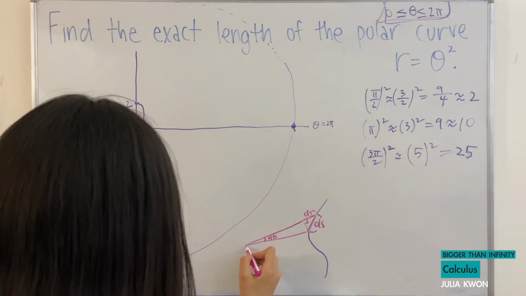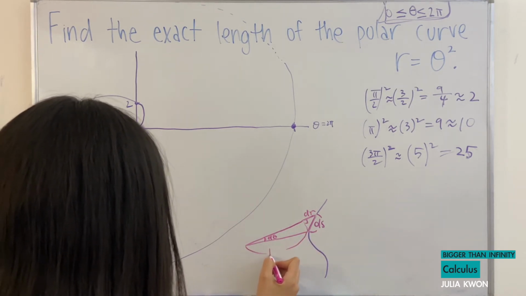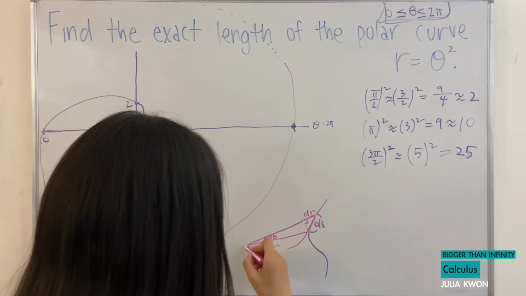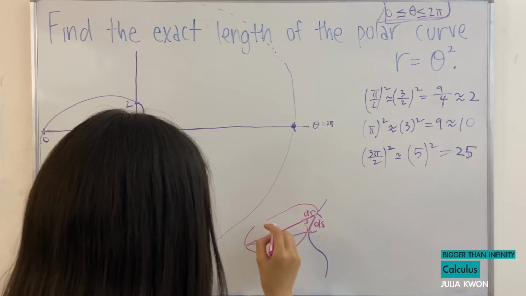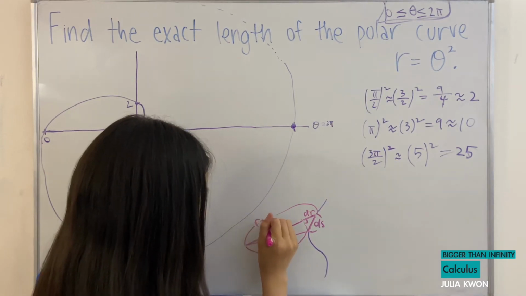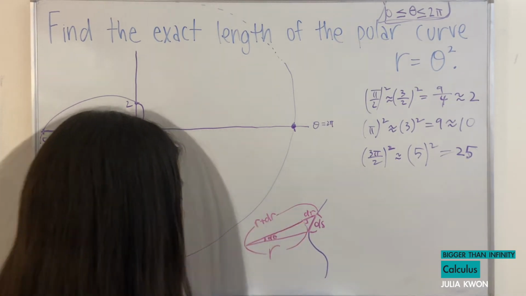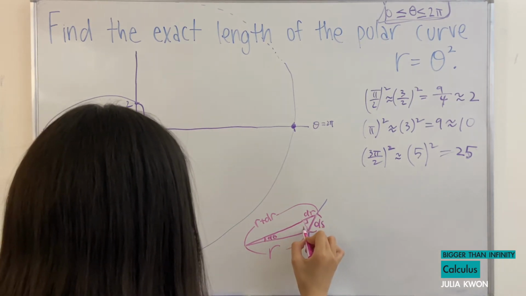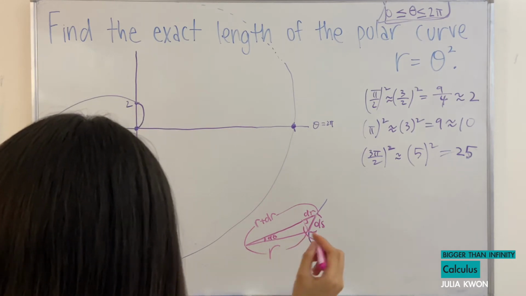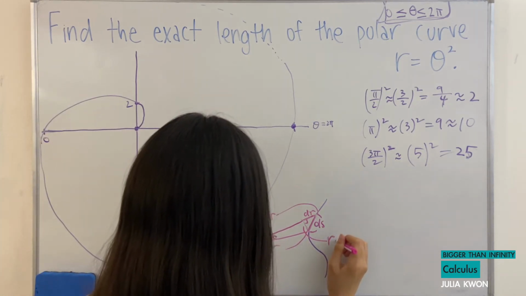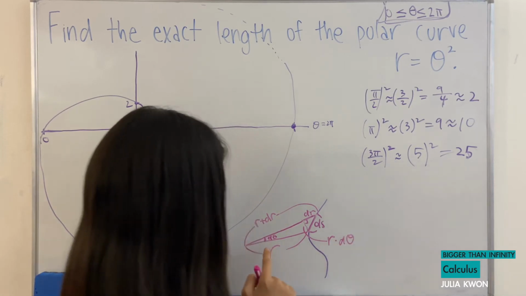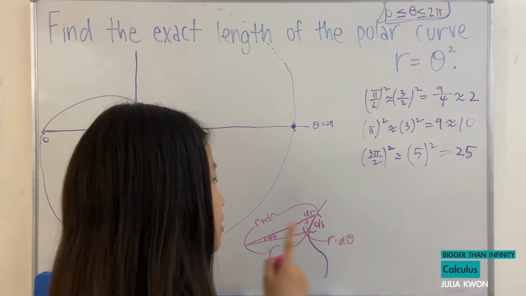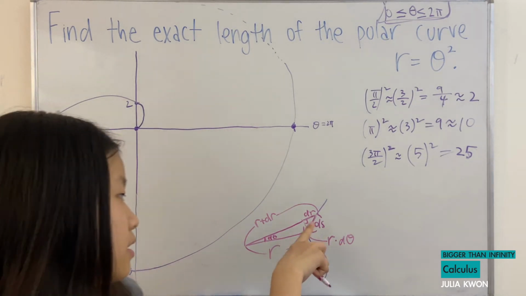And since this length is r, and this length is also r, that will make this whole length r plus dr. And that would make the length of this dotted line r multiplied by d theta. So it's just the radius multiplied by the angle, right? And now, using the Pythagorean theorem, we can solve for the length of ds.